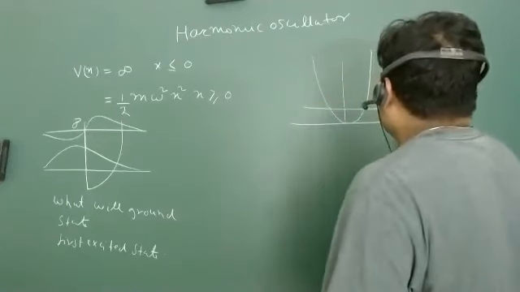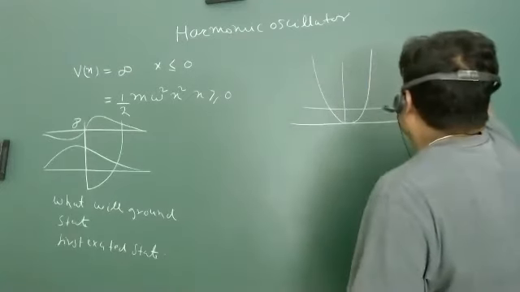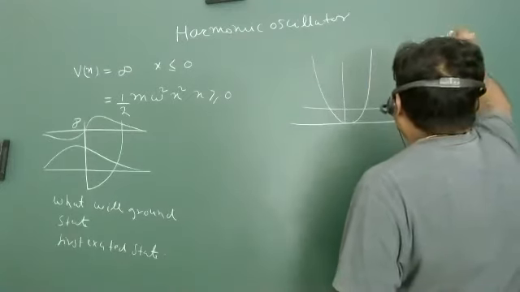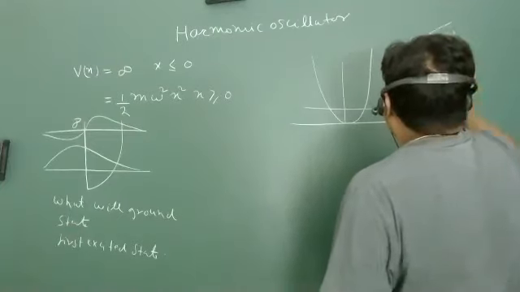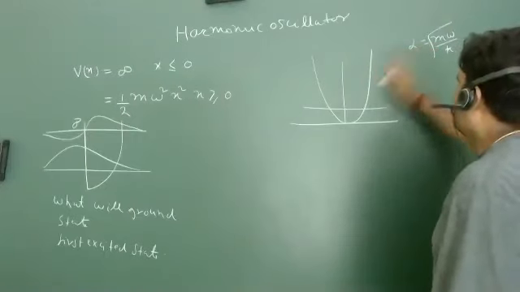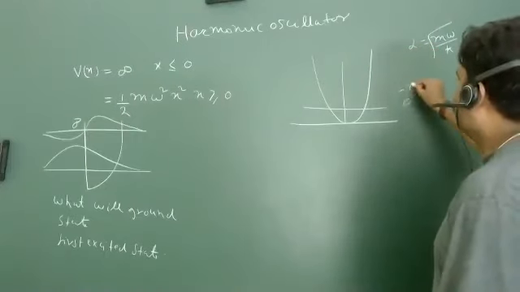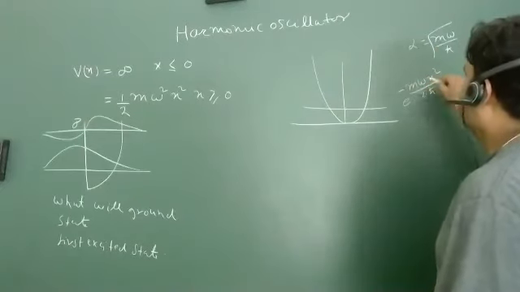The ground state is e to the power minus alpha x squared, where alpha is m omega upon h cut, under root. Or I can write directly, this will be e to the power minus m omega x squared upon 2 h cut, isn't it?